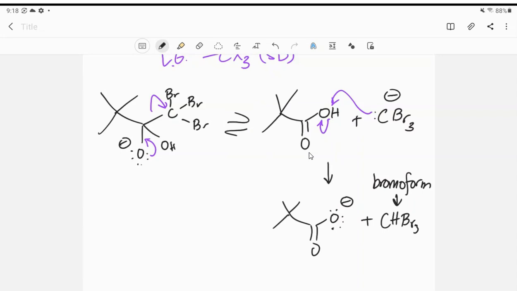And while bromoform and chloroform are clear, colorless things, iodoform is this bright, powdery yellow thing. And so it was a very easy way to tell if you had a methyl ketone in a molecule, because you would see that it would react and form this bright yellow powdery thing with iodine and base.